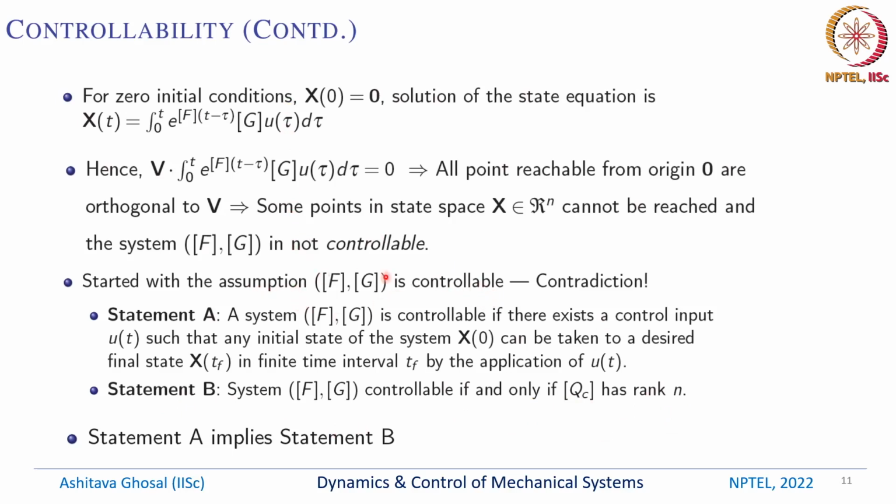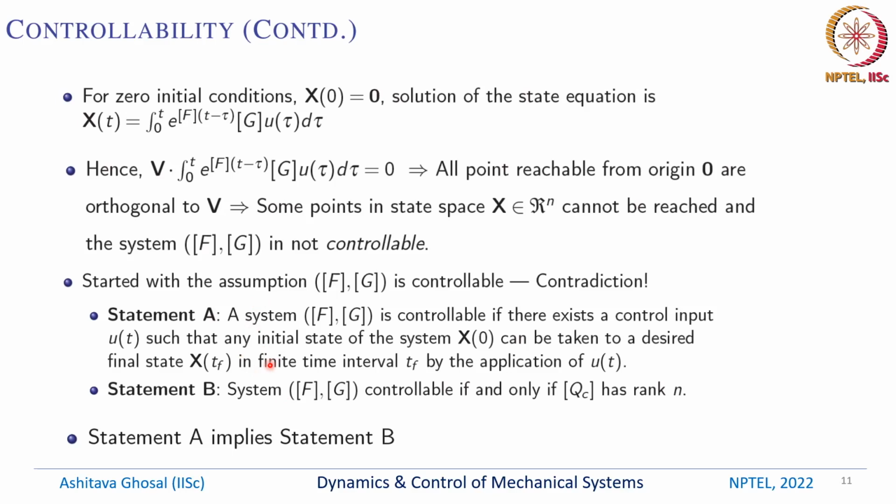If F and G is controllable, then the rank of QC cannot be less than n. So hence A implies B. Now we will continue and show that B also implies A, and hence statements A and B are identical. It's a very useful thing to remember.